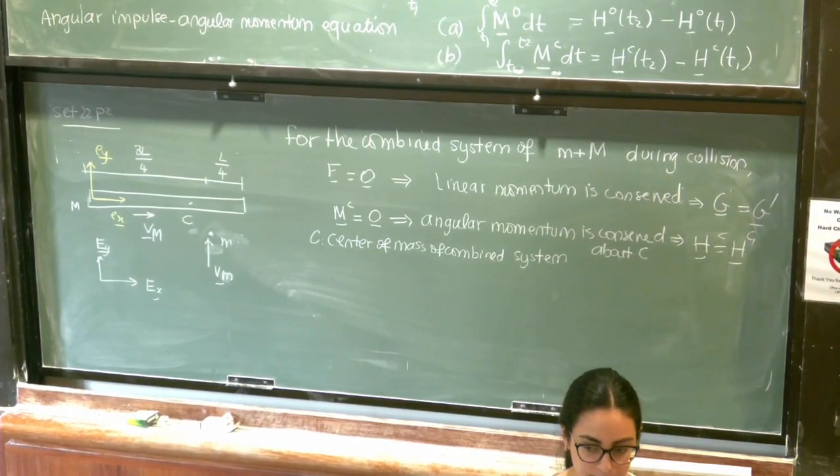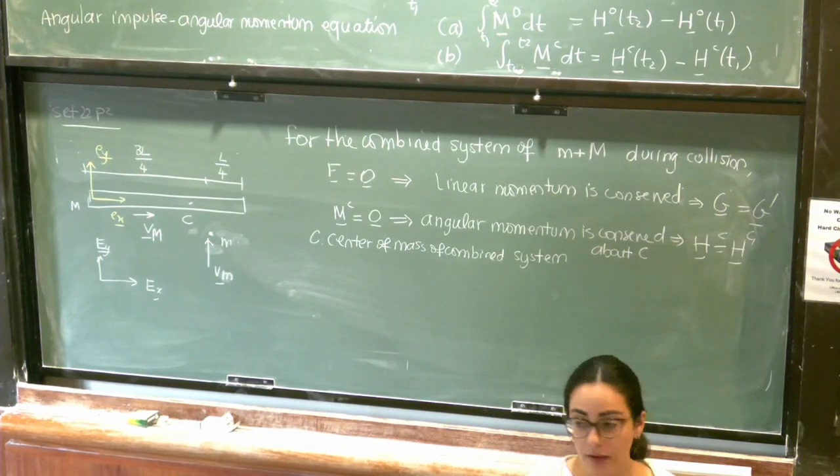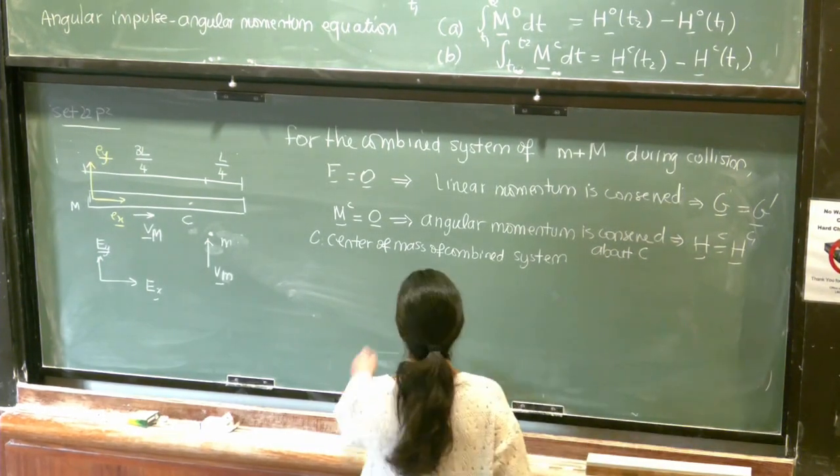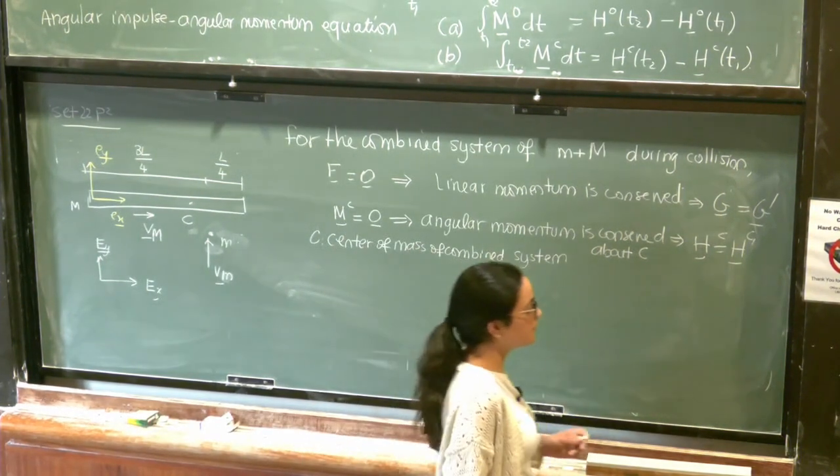Yes. I think you should set up your equations for the sum of linear momentum before and linear momentum after, and the sum for angular momentum. Right. I will start with these equations basically. G is equal to G prime.